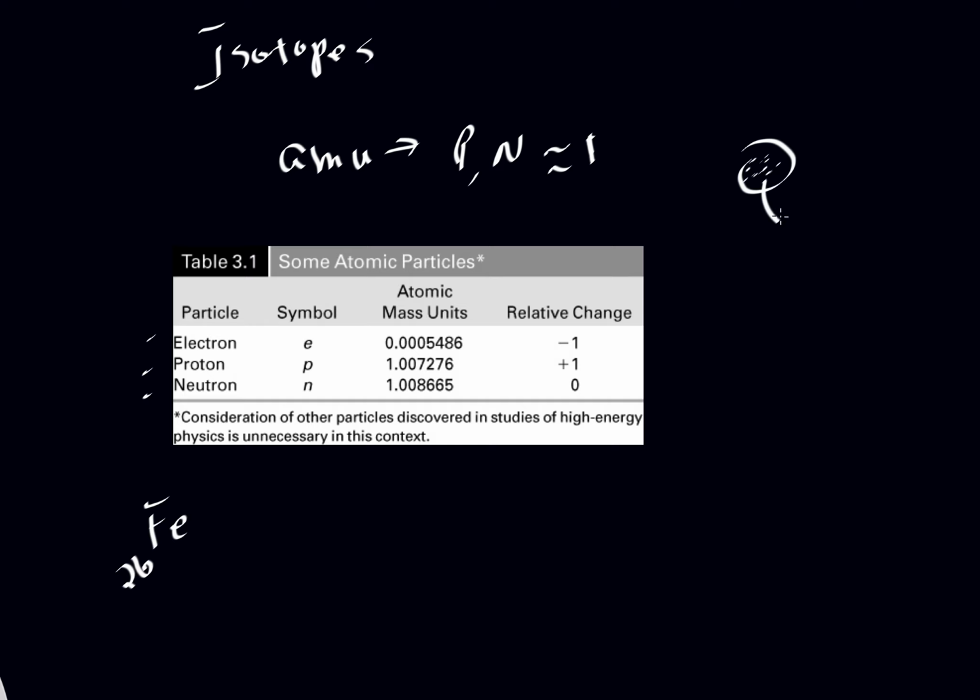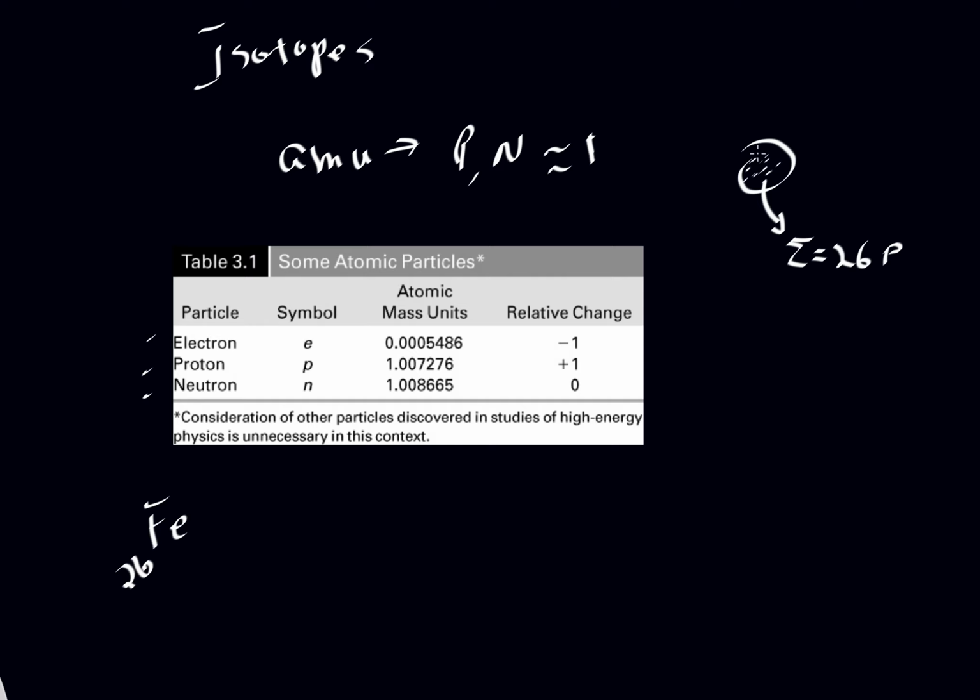Well, if the sum of those protons is equal, let's use this fancy Greek terminology, the sigma, so if the sum is equal to 26 for the numbers of protons, then you have to have iron. It can't be anything else. So the number of protons defines the kind of element that we have.